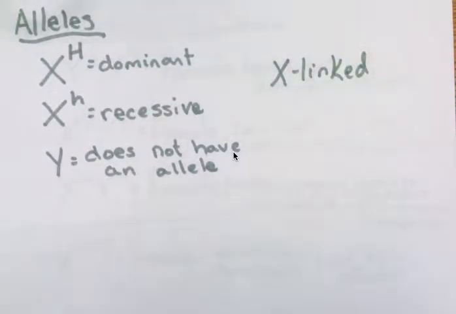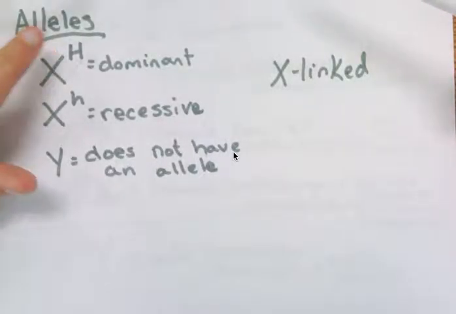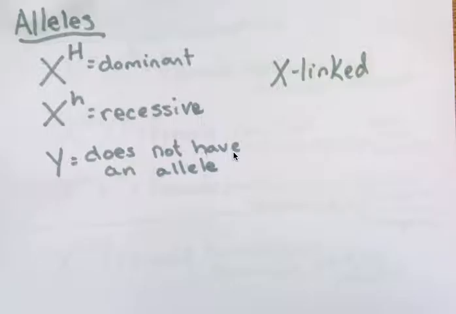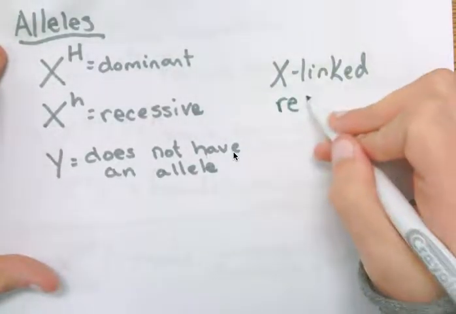All right? We're looking at the alleles. Remember, an allele is a different version of a trait, and we use the allele letters in our punnett squares. We have X big H, which would be a dominant trait. Again, I'll preface by saying not only are we looking at X-linked traits, but we're going to be looking at examples like hemophilia and colorblindness, which are X-linked traits and are recessive.